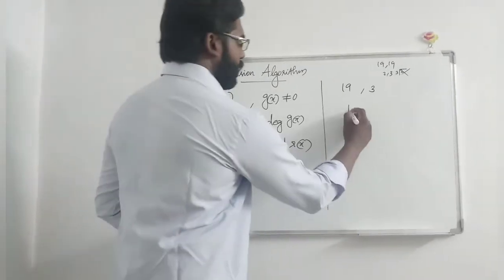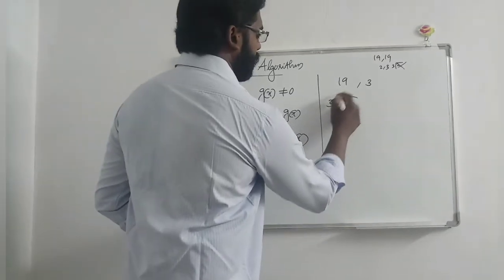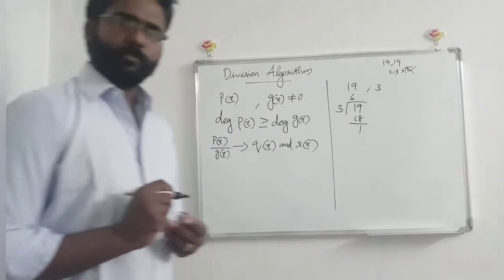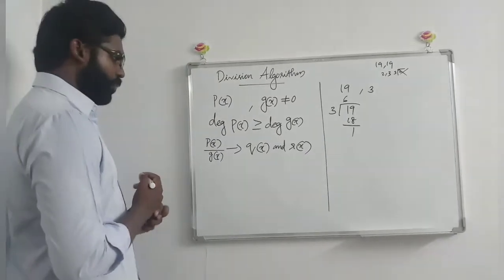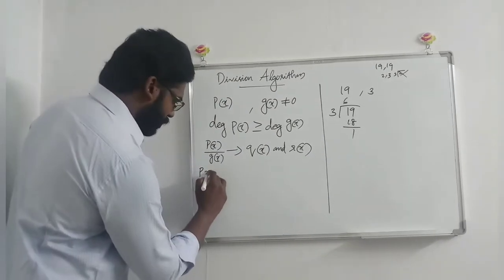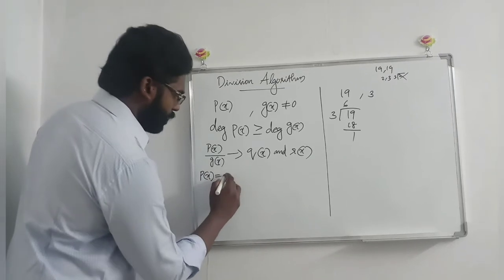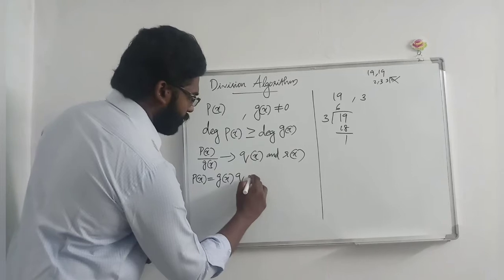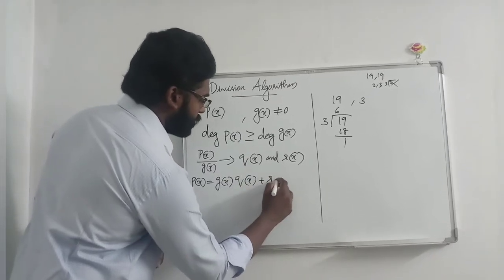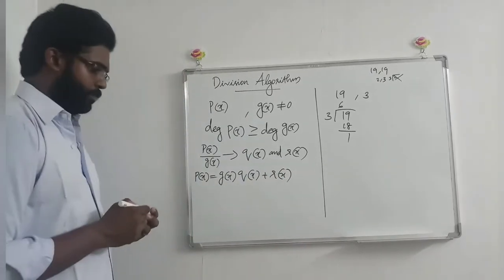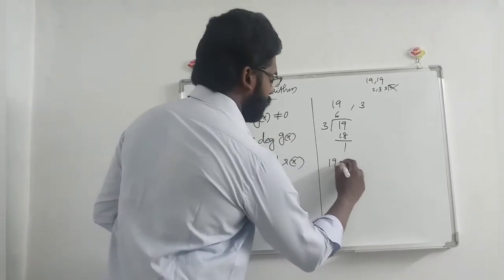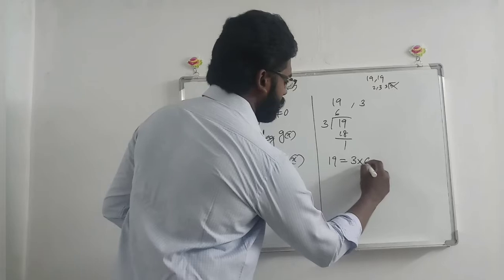We divide 19 by 3, quotient and remainder. Then you can write p of x equal to g of x into q of x plus r of x. Look here, 19 equal to 3 into 6 plus 1.